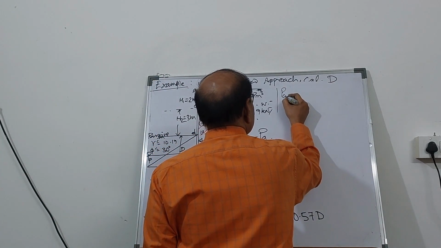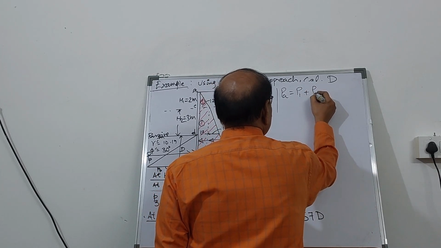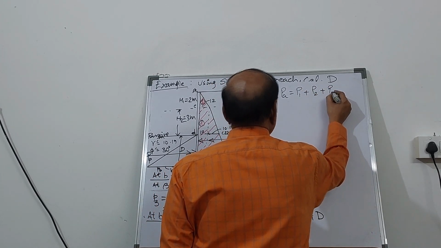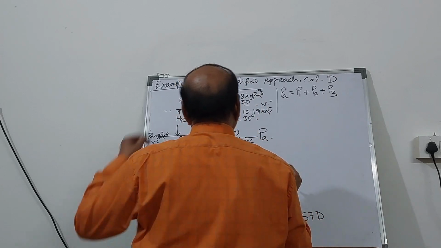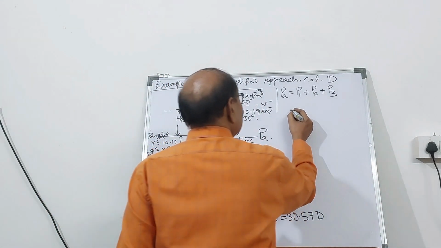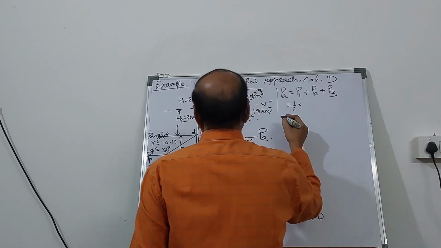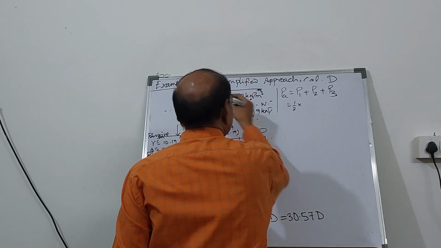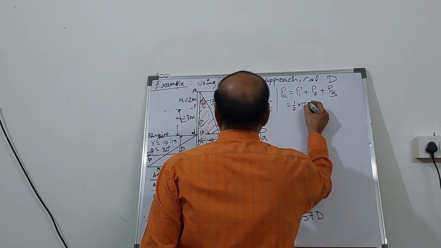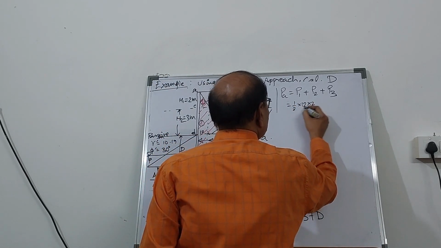The total active thrust will be area of P1 plus P2 plus P3. So area of 1 is P1, which will be equal to half into base is 12, into height is 2.